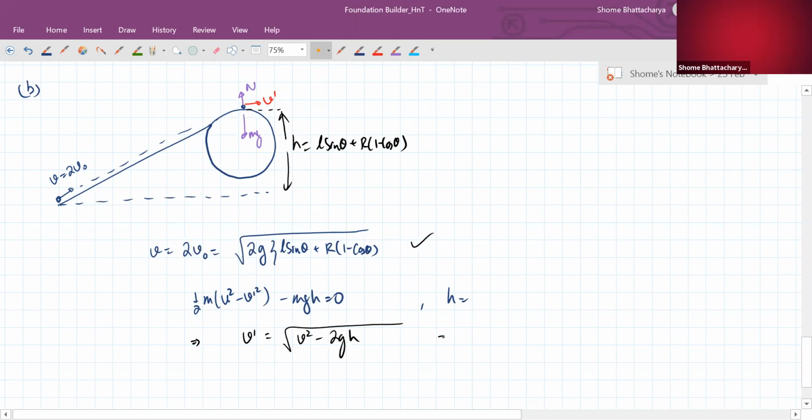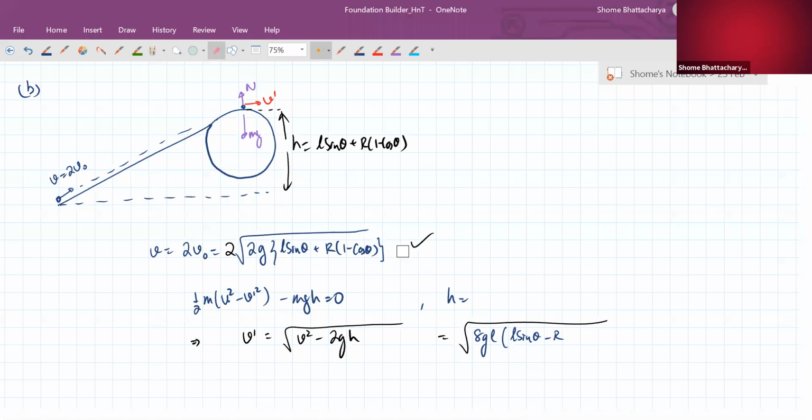Now v is this, so we'll just substitute. Twice of this. So when you square this term, it will become 8g into L sine theta plus R into 1 minus cos theta. So that's your v square.